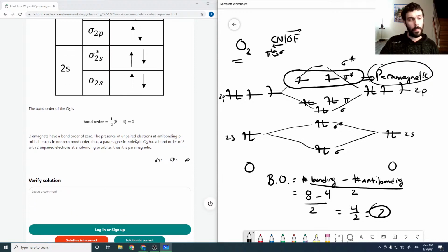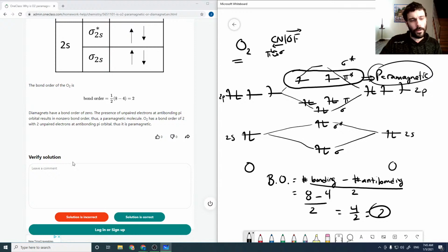And so this is not true. Diamagnets have a bond order of 0, which is not true. In fact, in a question I just did for C2 2-, that is diamagnetic, and the bond order was 3.